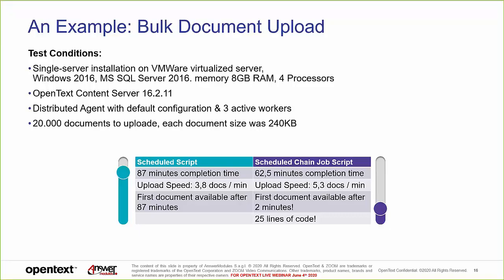And the script that implements this chain job is just 25 lines of code. So there is no script development involved. It is something that you can create literally in a matter of minutes, but can really change the way this kind of operation is performed on top of your system.